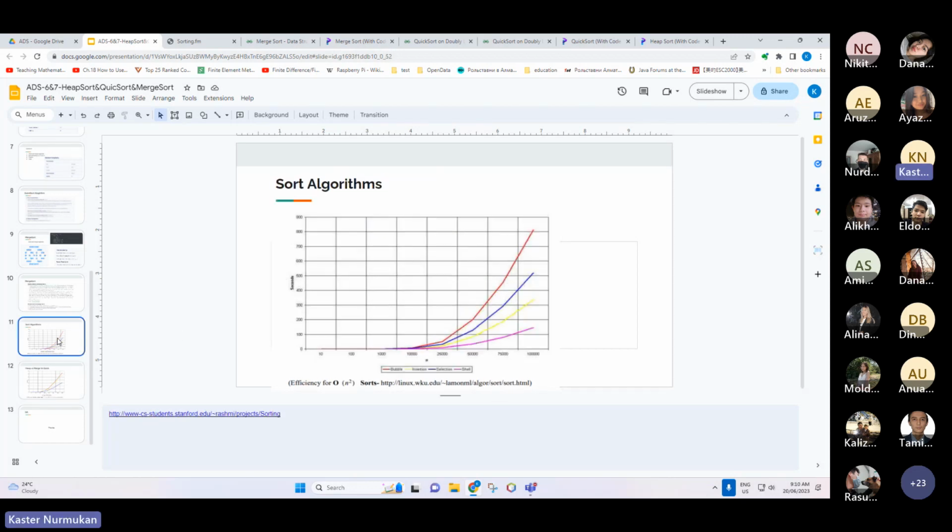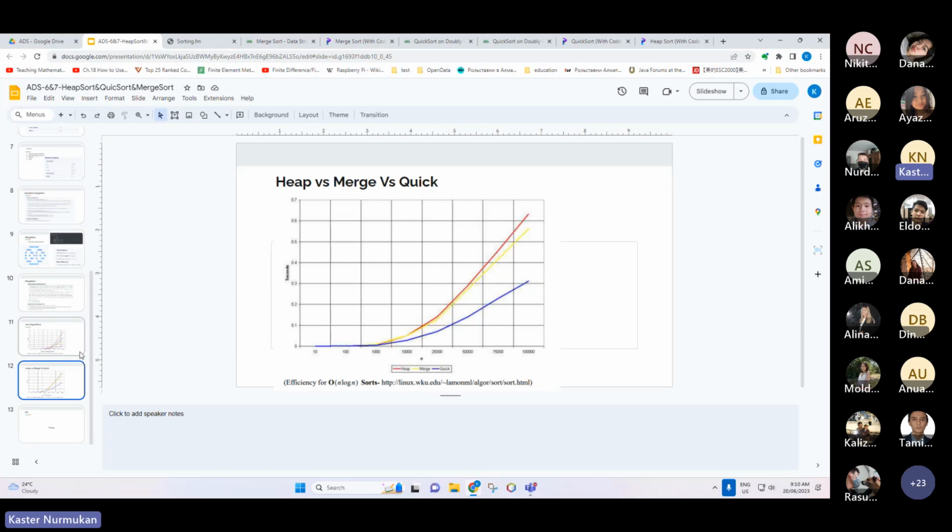That's one of the very important articles. Stanford University gave us a reference with a very good conclusion that quick sort is best.